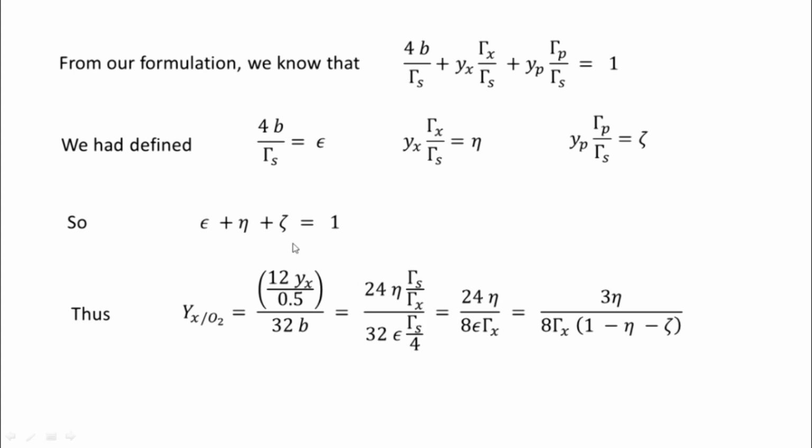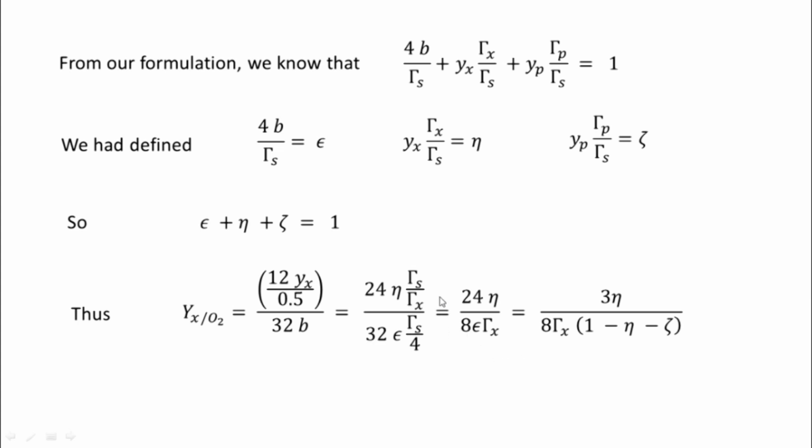So epsilon gamma S by 4 has been used for b here, and if we cancel the terms, 4 goes there 8 times.